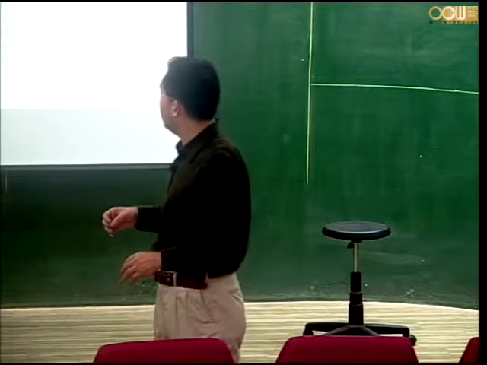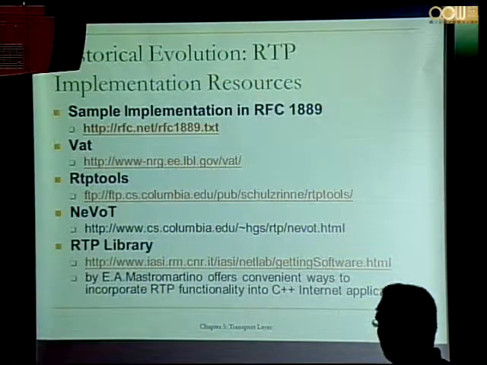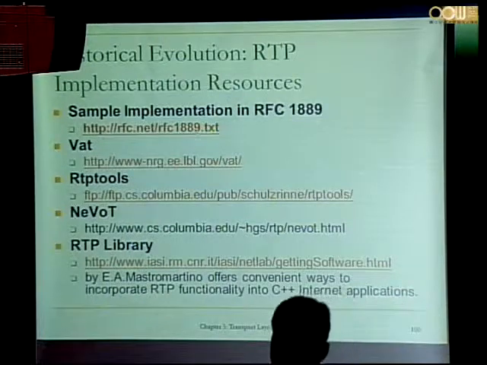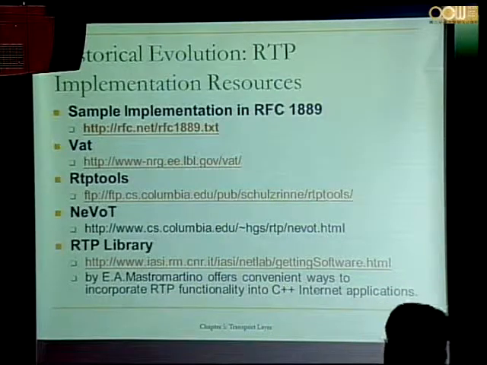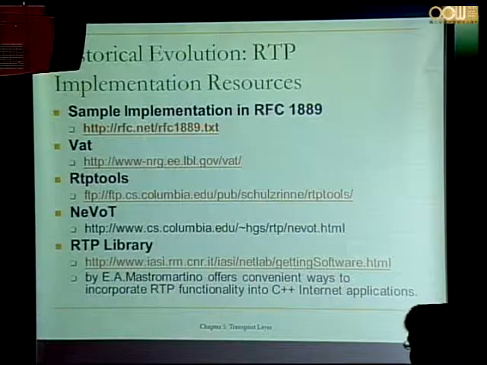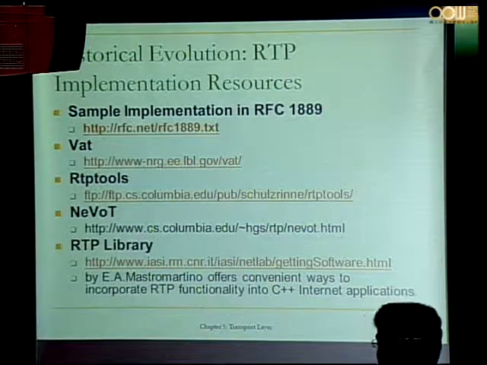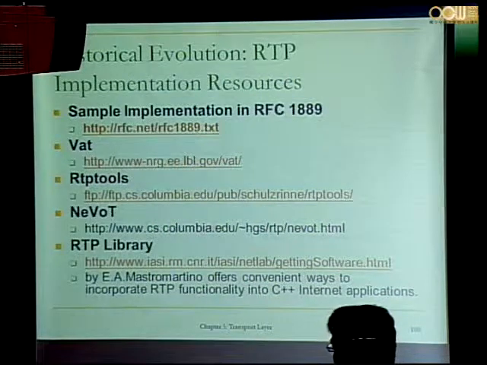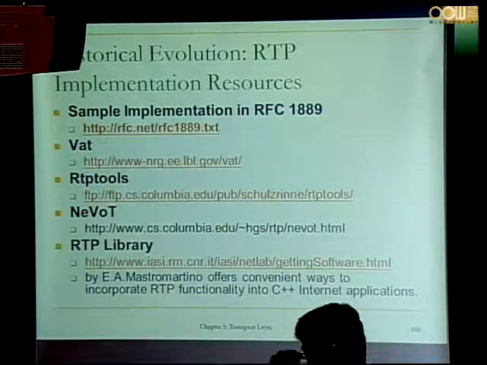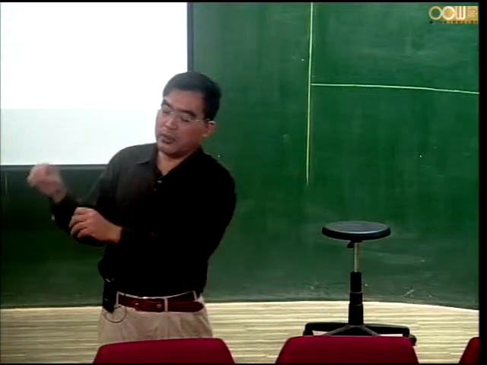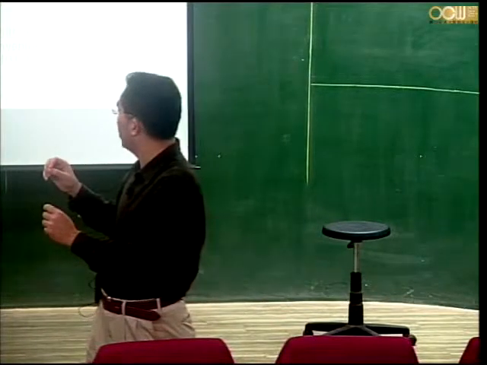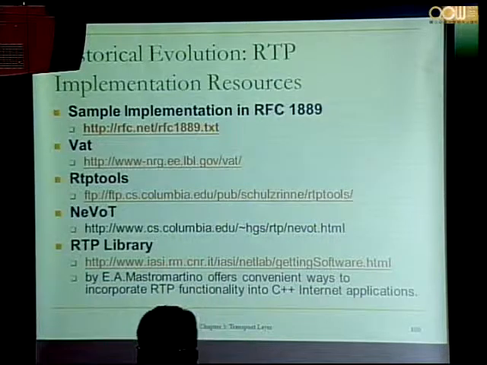If you are a voice over IP application programmer, or an audio video streaming programmer, then instead of calling the UDP socket directly, you call RTP library functions. You include the library, which means it needs to be compiled, and then you call those RTP functions. You don't call the UDP socket directly.